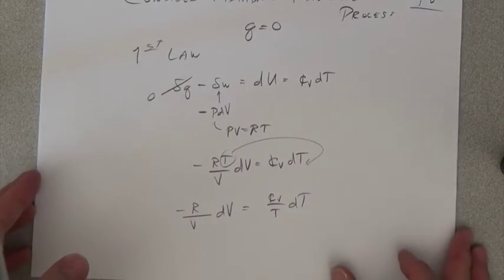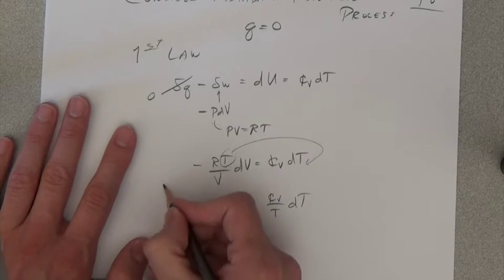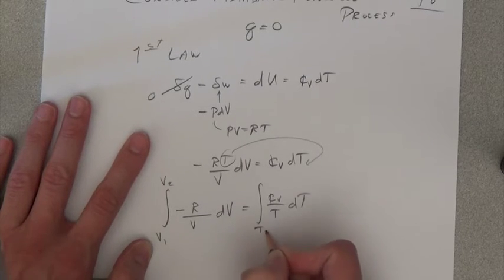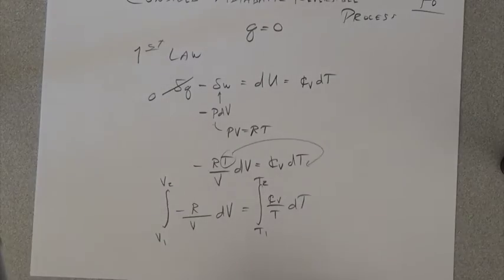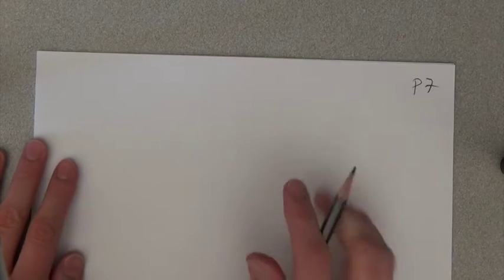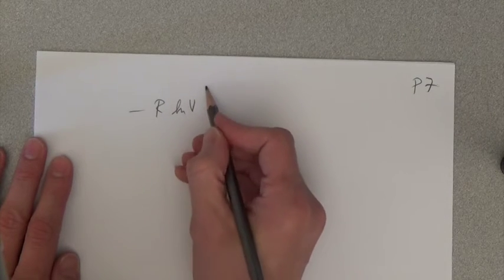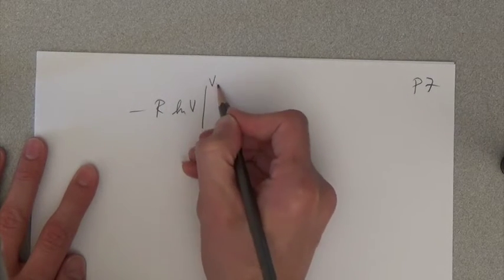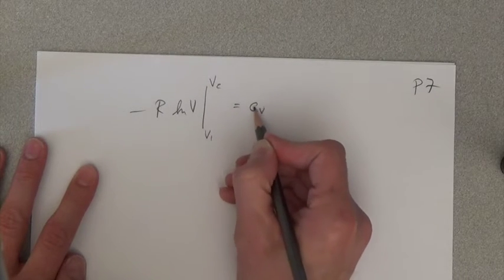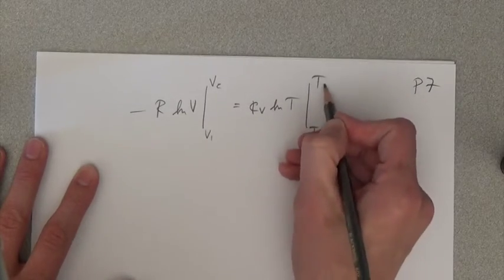And to get rid of these differentials, we will integrate from state 1 to state 2, T1 to T2. Which means negative R natural log of V evaluated from V1 to V2 is equal to CV natural log of T evaluated from T1 to T2.